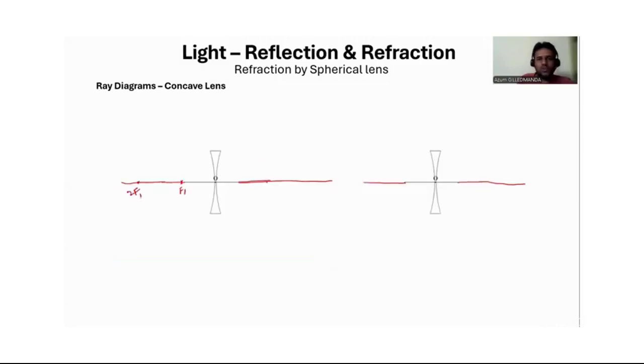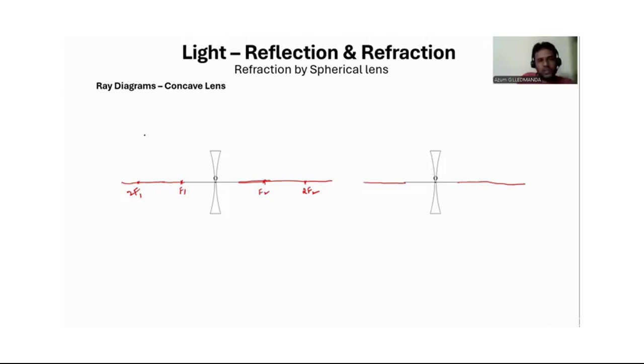So this is 2F1, this is F2, and this is 2F2. So what happens if the light ray is passing through F2?